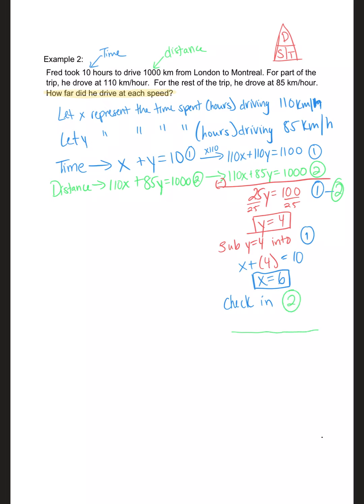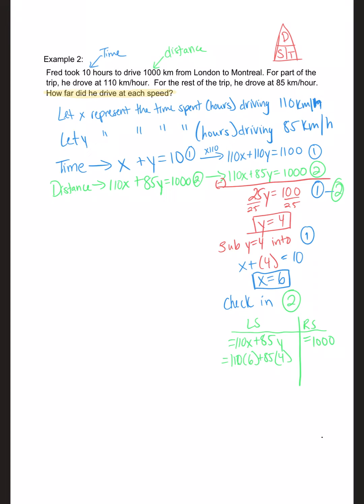So we will set up our left side and our right side. The left side of my equation was 110x plus 85y, and that right side of our equation was 1,000. So we found x to be 6 and y to be 4.